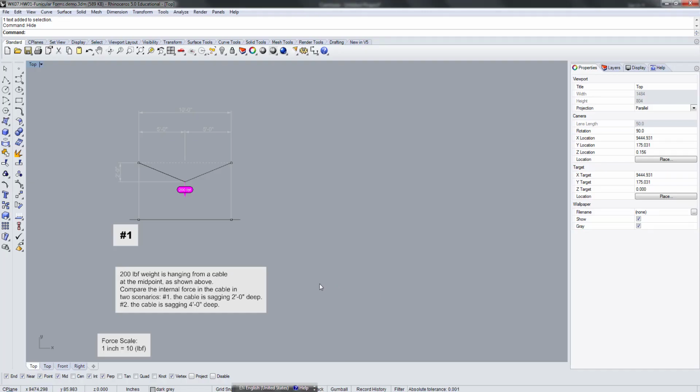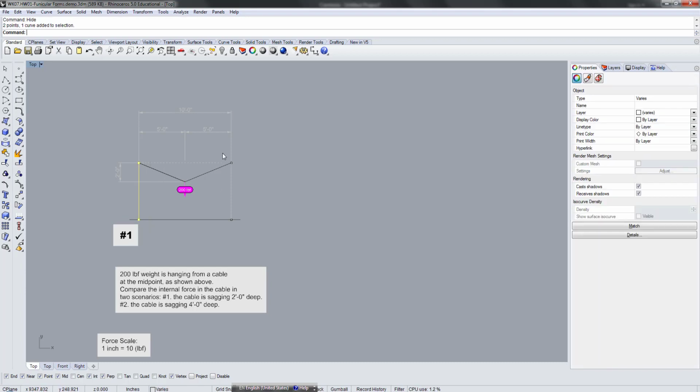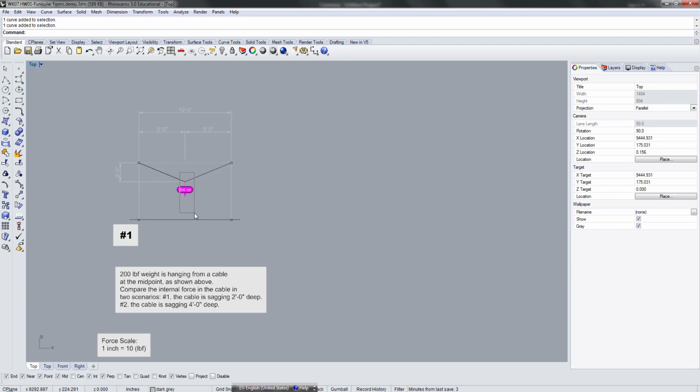Okay, so let's start with section 1, example number 1. Basically, imagine two poles supporting a cable, and in the middle of the cable there's a 200-pound force weight hanging there.